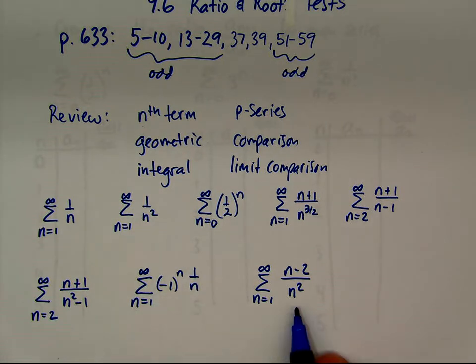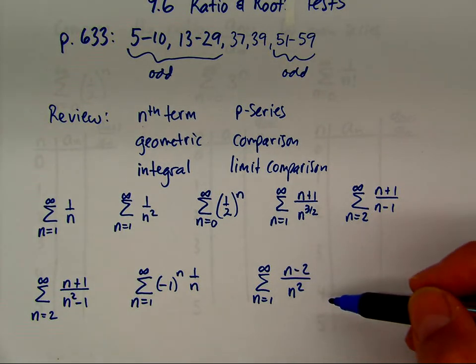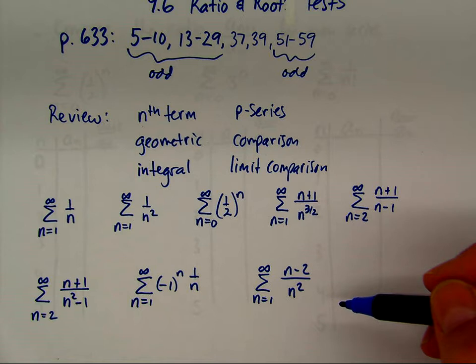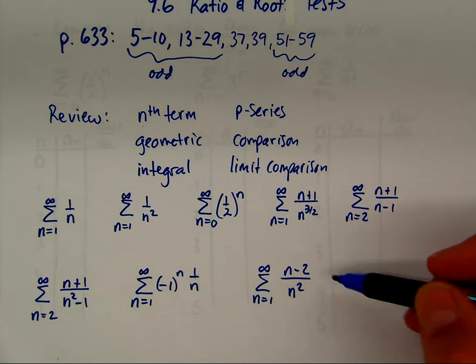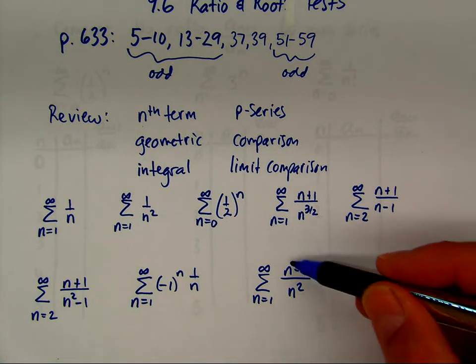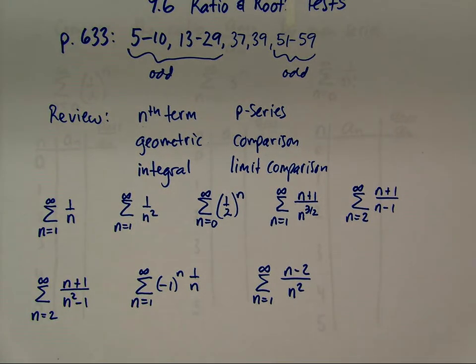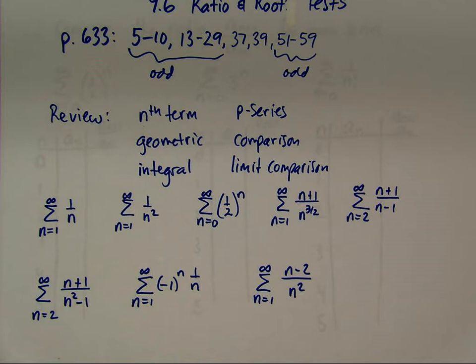Here we have overall the degree is 1 over n, so we think it diverges. And we will either do the comparison or limit comparison. We can also do the integral test because of that relationship there. We could do substitution. All right.